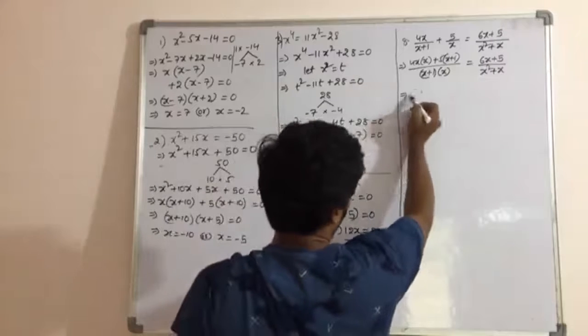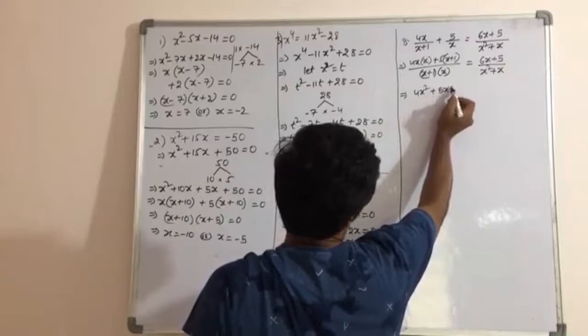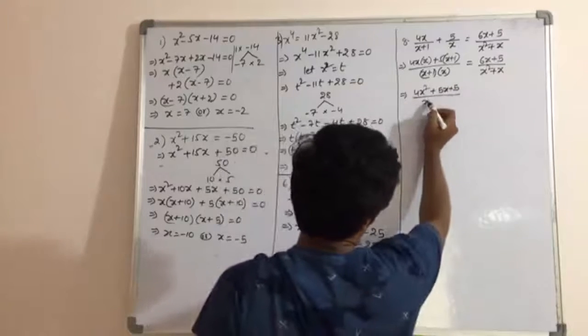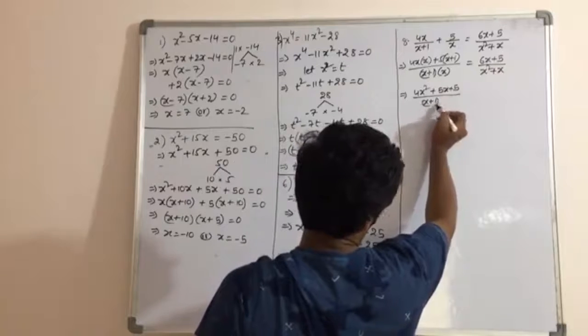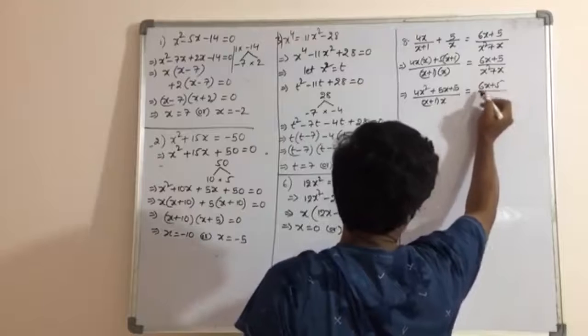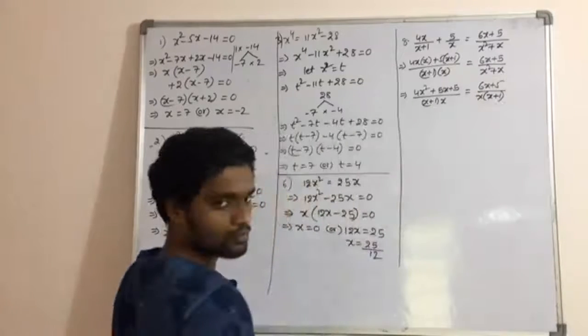Now 4x square plus 5x plus 5 whole upon x plus 1 into x is equal to 6x plus 5 by, take x common, x plus 1.